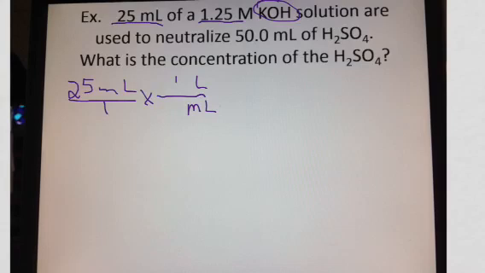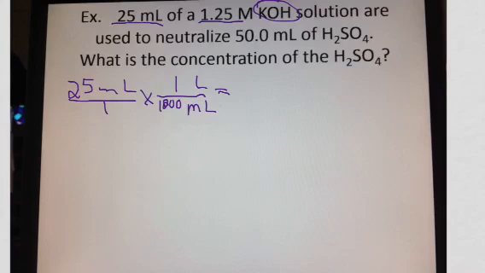So that's what I'm doing here. And some of you do that in your head, and that's okay, just don't make a mistake. And I generally do it the factor label way, but I'll go ahead and show the molarity way here first.